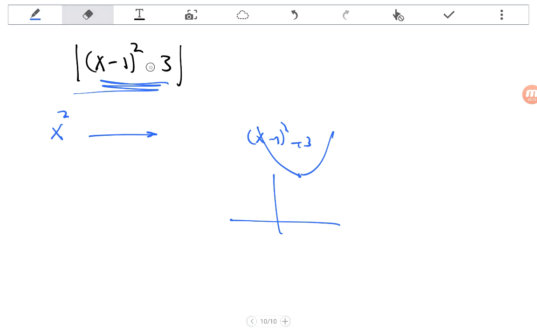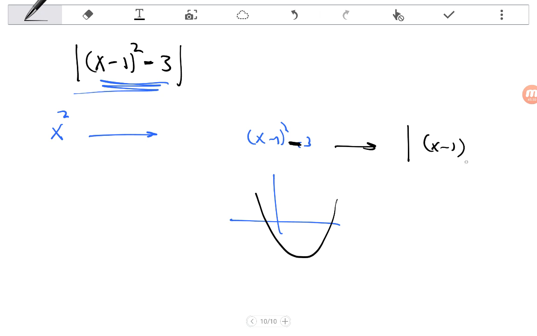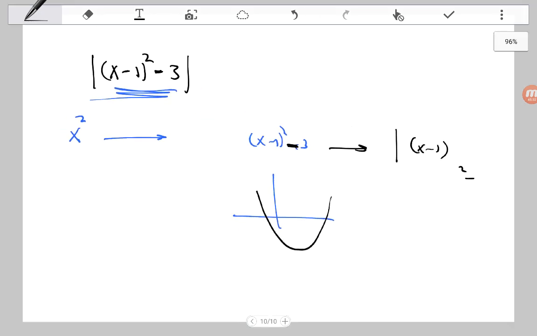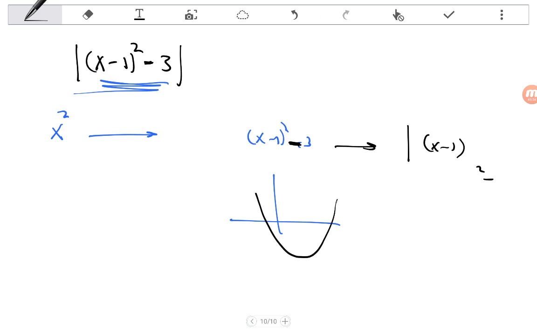No, I just want to make it a negative sign. So the graph would be like this, with the vertex at 1, negative 3. Now I want to take the absolute value of the function. This is called absolute reflection.